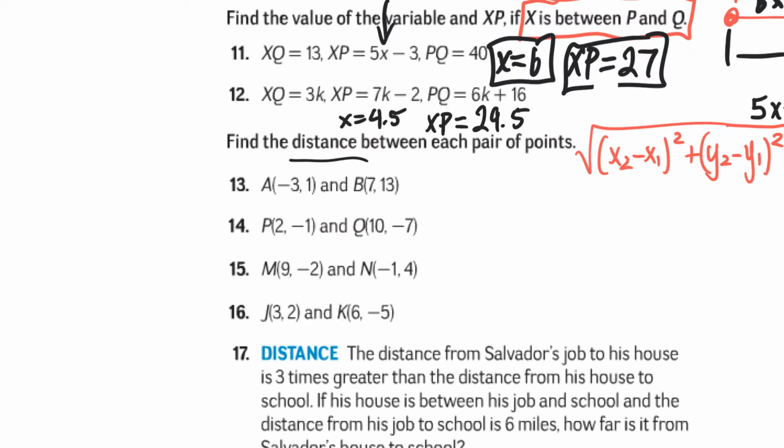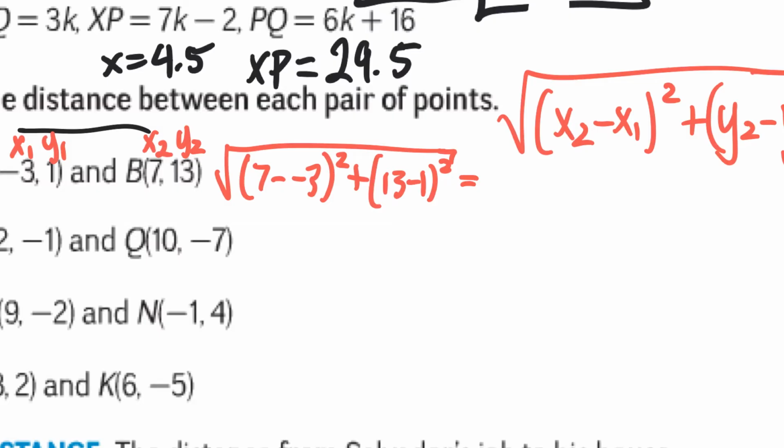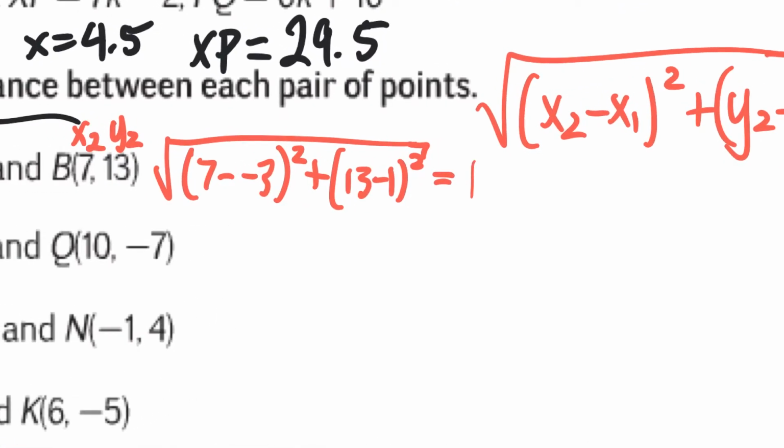So, as we label this x1, y1, x2, y2, we're going to get 7 minus negative 3 squared plus 13 minus 1 squared. And what does that give you? 15.62.